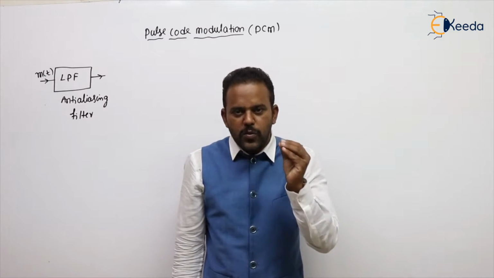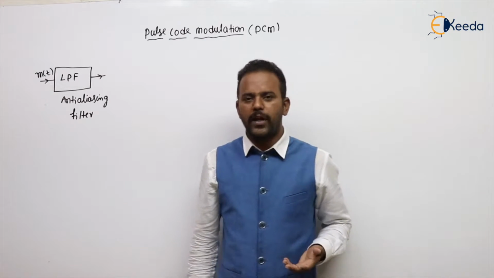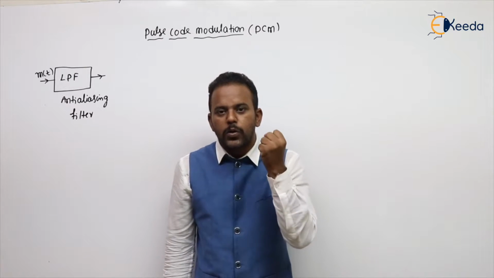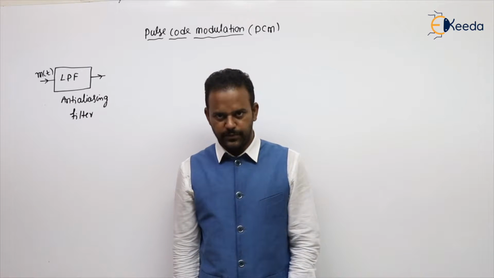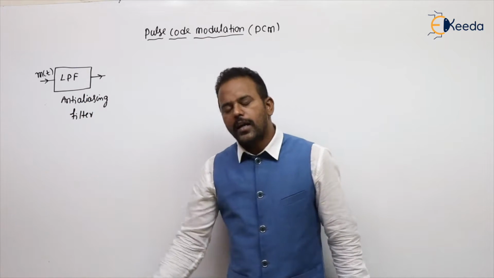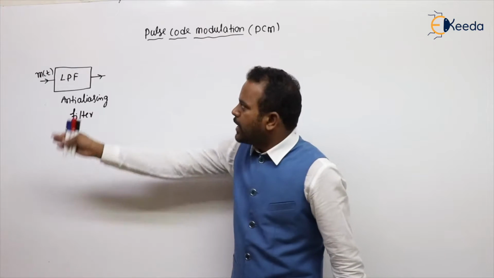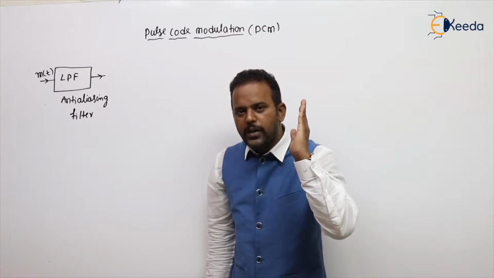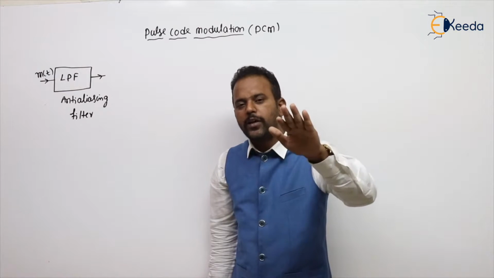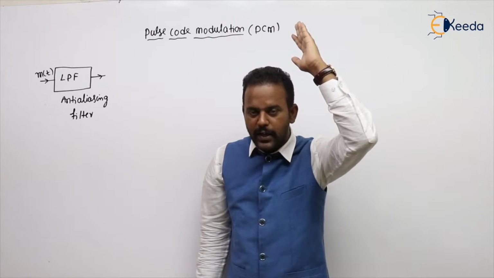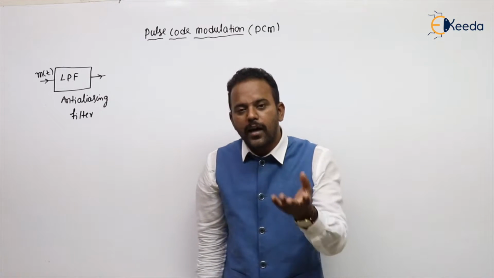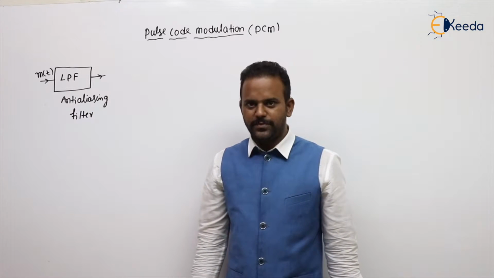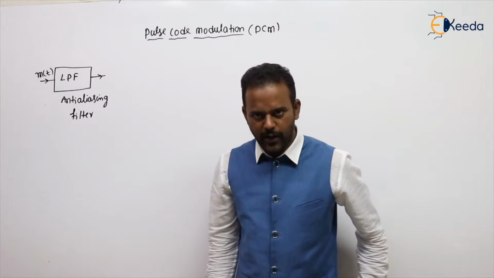So the first block, not only here, I have told you a number of times, the first block in a communication system will be a low pass filter to band limit the messages. Why am I also calling it an anti-aliasing filter? Because if it has infinite frequencies, I have to maintain a sampling rate fs equal to 2 into infinity, which means infinite. If you are unable to maintain infinite, there is an aliasing problem. But the filter prevents that.